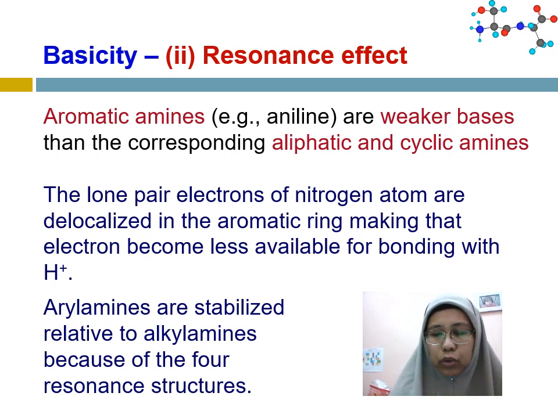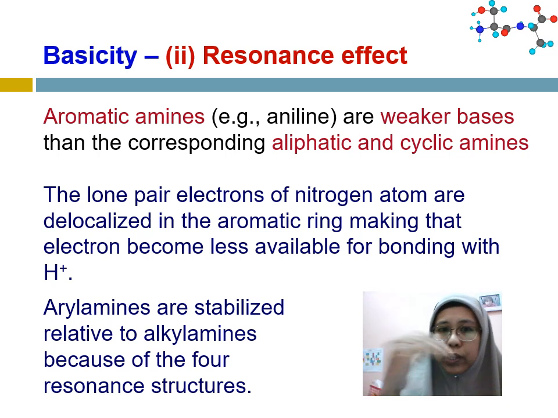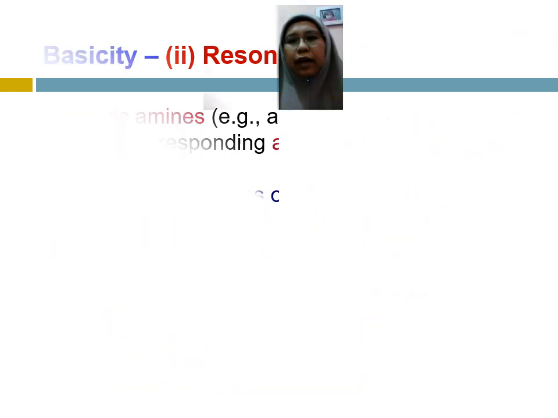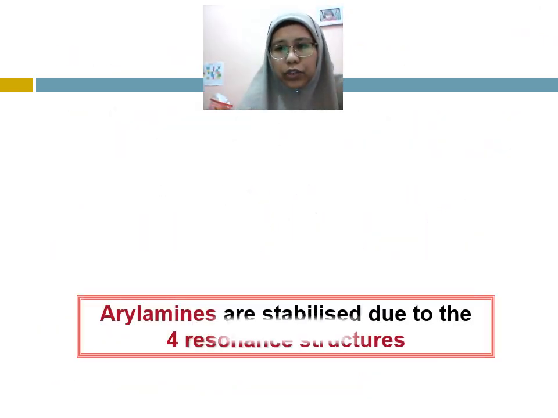So why is that so? The lone pair electron from the nitrogen would go inside the resonance structure of the aromatic ring and delocalize within the ring. So it is less available for bonding with proton from outside. Let's look at the 4 resonance structures.